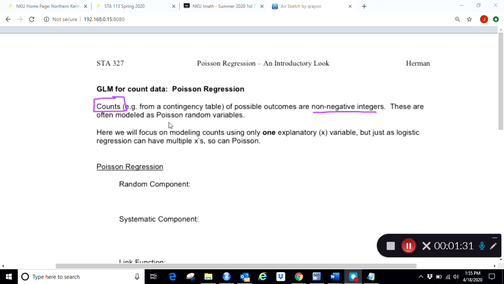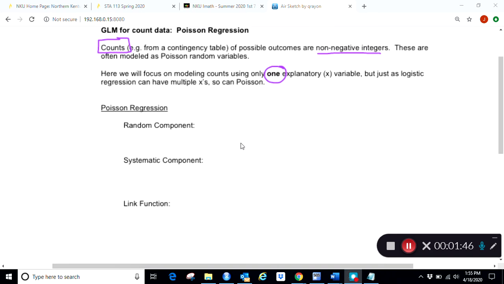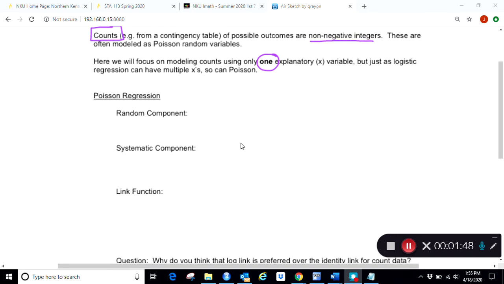Just as with logistic regression, we could look at having multiple explanatory variables, but since we're just doing an introductory look at Poisson regression, we'll just talk about using one explanatory variable here. So let's talk through the components of a generalized linear model and how they pertain to Poisson regression. The three components of any GLM are the random component, the systematic component, and the link function itself.